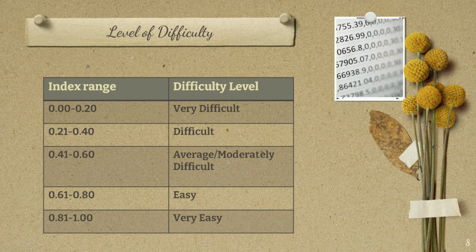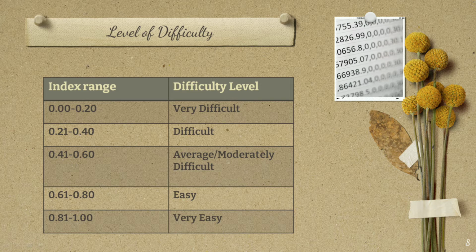Next is the level of difficulty. Here we can see the table with index range and difficulty level. In index range 0.0 until 0.20, it's a very difficult level. In index range 0.21 until 0.40, it's a difficult level.